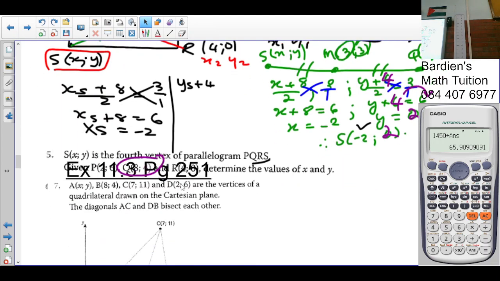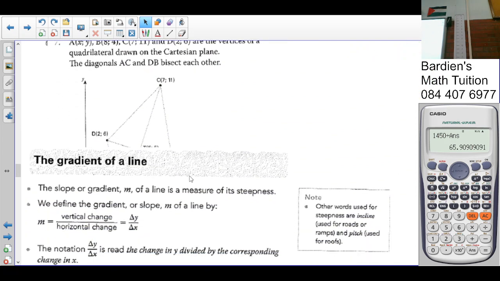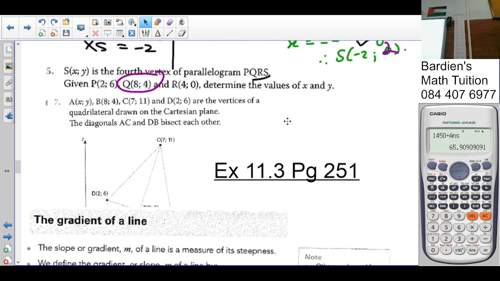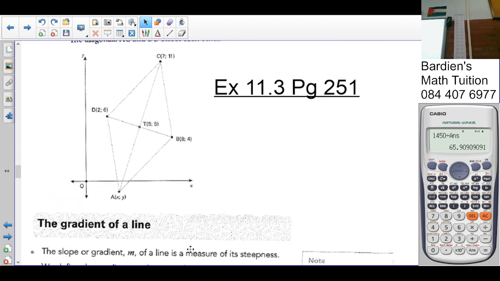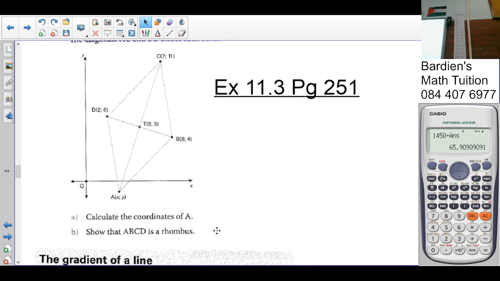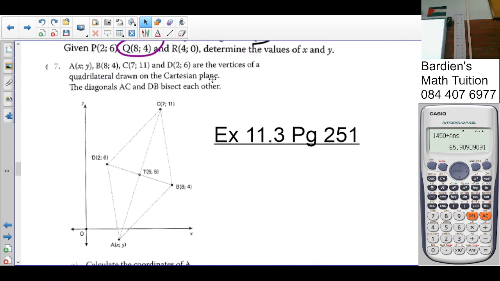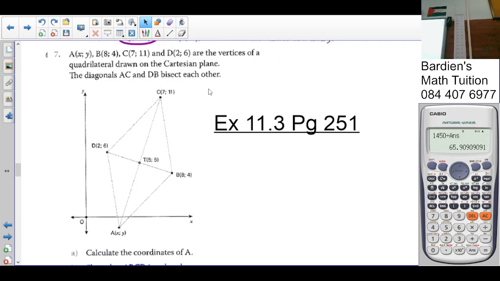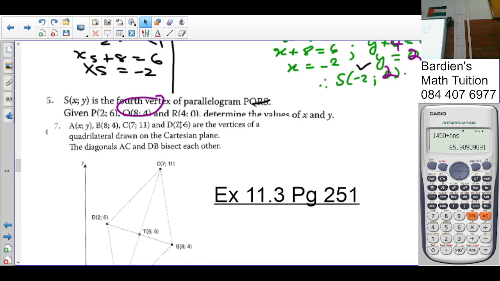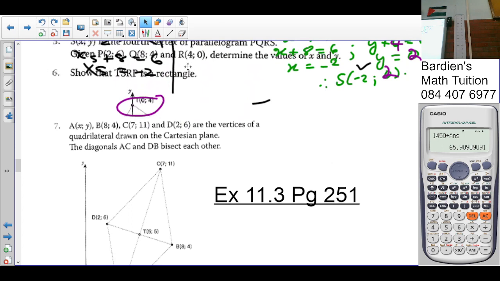Alright. Question 7, we are given this scenario here. A, which is x and y. B, which is 8 and 4. C, which is 7 and 11. And D, which is 2 and 6, are vertices of a quadrilateral.